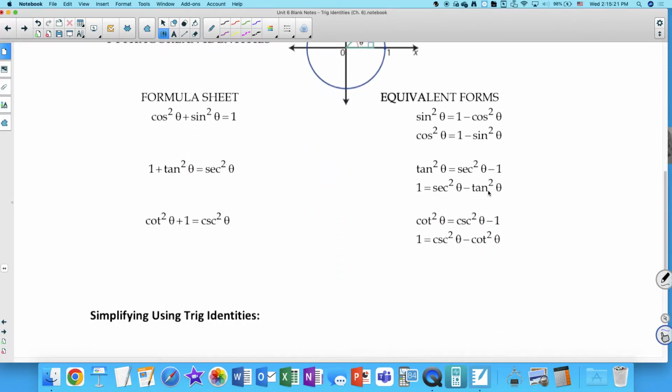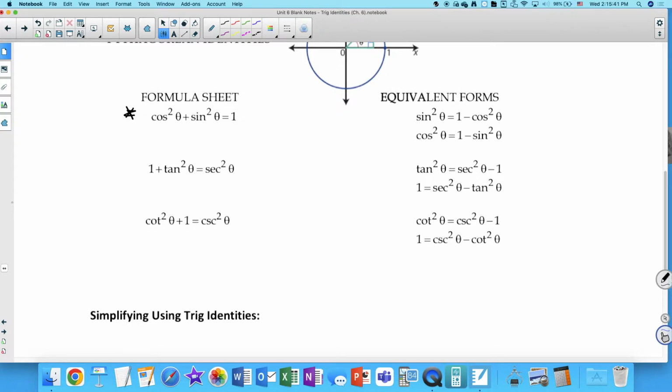Okay, so there are actually 3 Pythagorean identities. I just spoke about this one: cosine squared theta plus sine squared theta equals 1. These are just a rearrangement of that first Pythagorean identity.